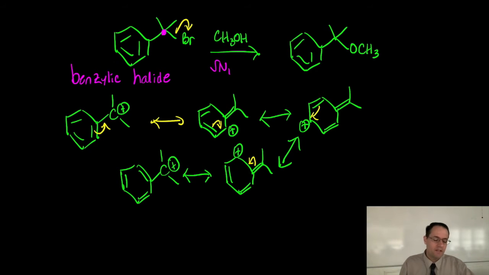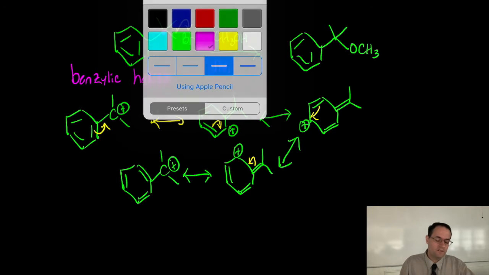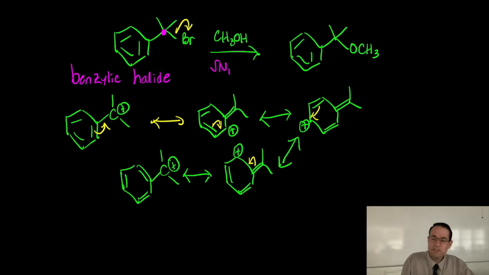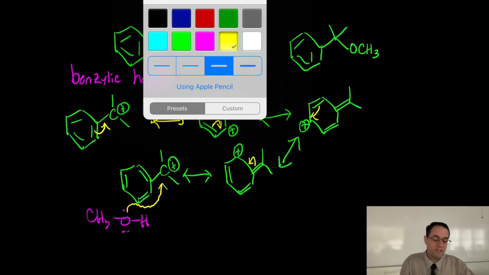bad. Now what happens here is that methanol needs to attack one of these carbons. So I'll just pick this last one here on the bottom of the page since it's accessible, at least in terms of writing. Okay. And we're going to take our lone pairs, right, which is our nucleophile, and that's going to attack the positive charge here on the benzylic carbon.